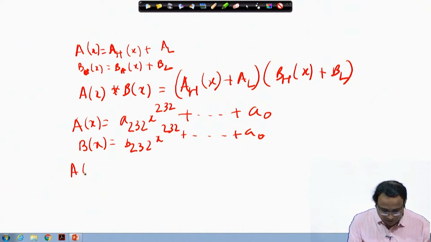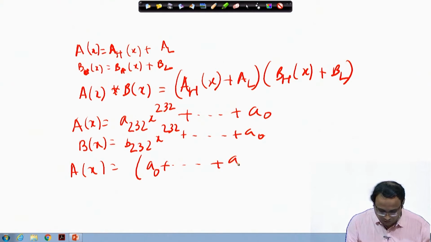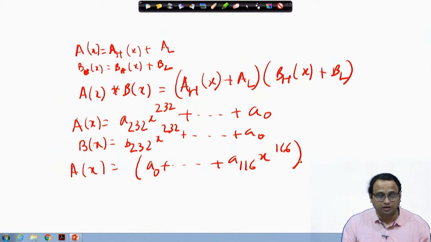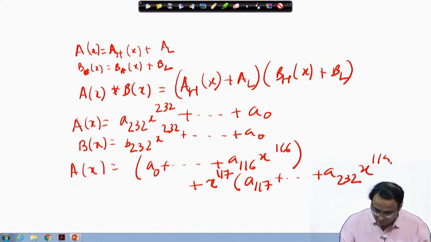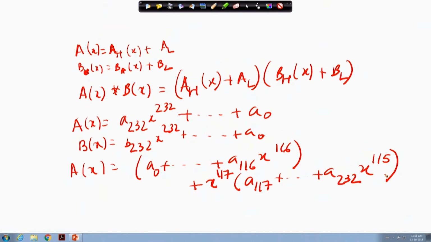So A(x) is equal to A0 plus so on till A116 x to the power of 116, which is the lower part of A, plus x to the power of 117 multiplied by A117 plus so on till A232 x to the power of 115.